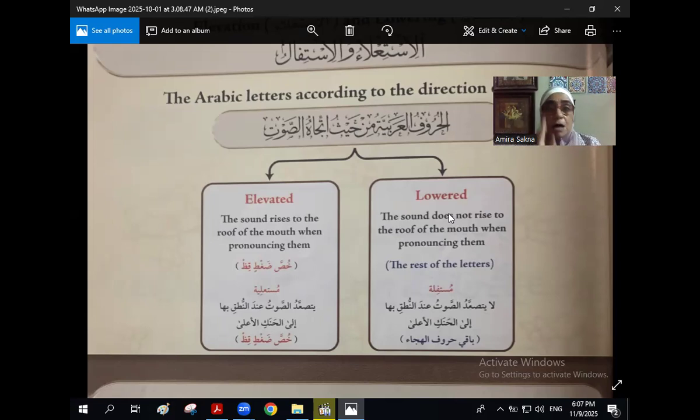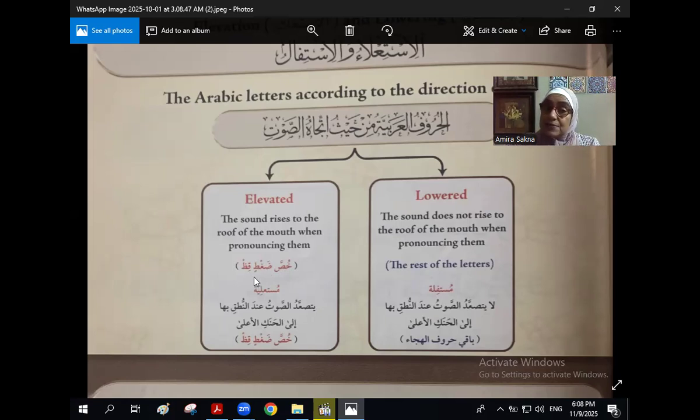We say ra, va, ta. Those are the letters of elevation. They are 7 in number, okay? And they are gathered in this sentence: خص ضغط قذ.